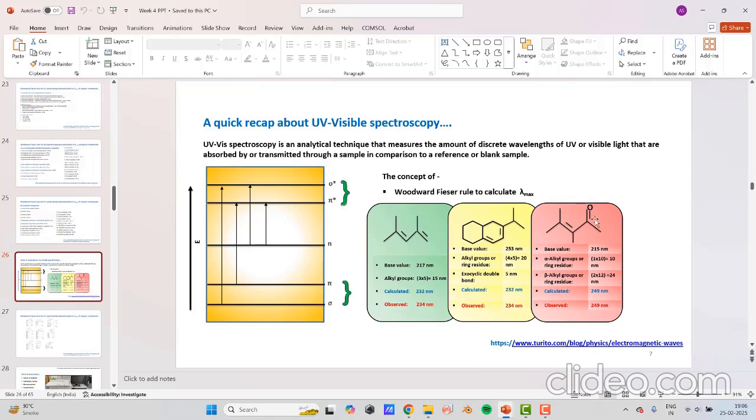So that is the base value for this structure, 215 nanometers. Then there are three groups present. Imagine this is a ring and three groups are there. One is the alpha group, so 1 into 10, and two are beta, so 2 into 12.